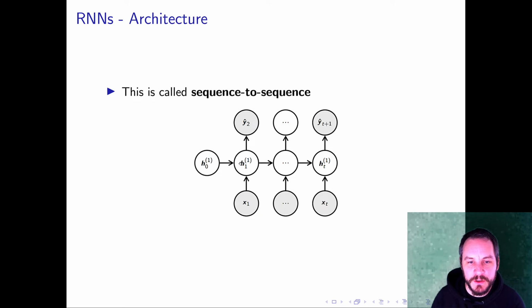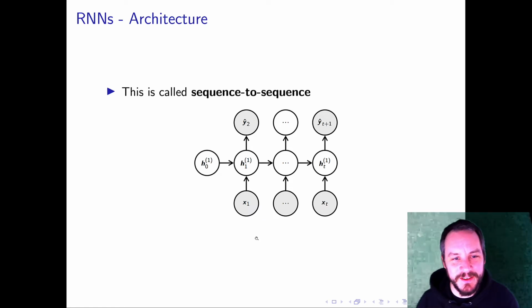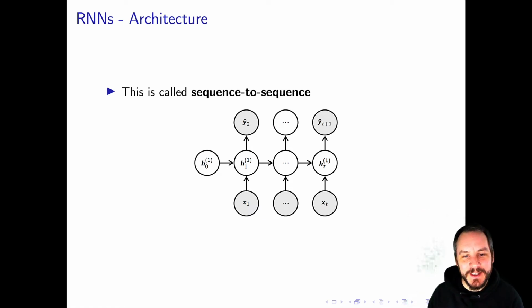We could use the hidden neuron at each time step, if we process through many time steps, in order to generate what's called a sequence to sequence. This is something that we may use later when we talk about recurrent autoencoders. Don't worry if it doesn't make sense to you right now.